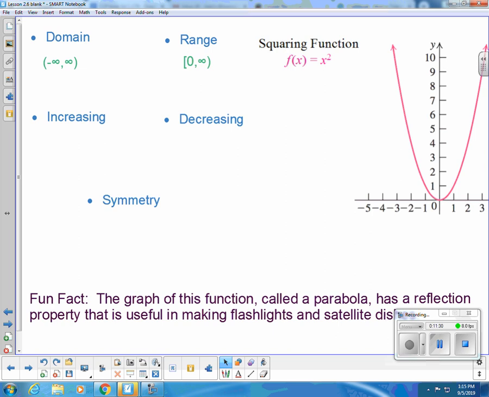So when I am tracing, what am I doing first? Increasing or decreasing first? Decreasing on the left, and then I turn around and start increasing. So I decrease from negative infinity to 0, and then I increase from 0 to infinity. And what kind of symmetry does this graph have?